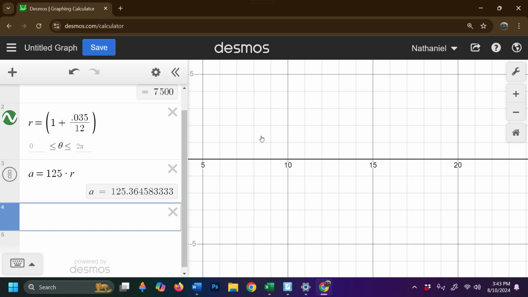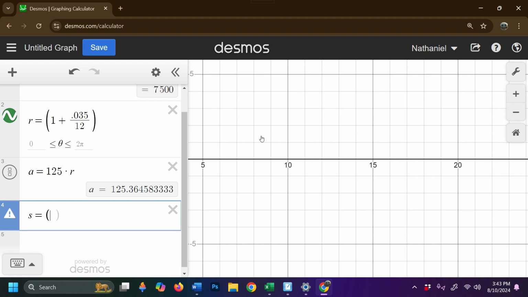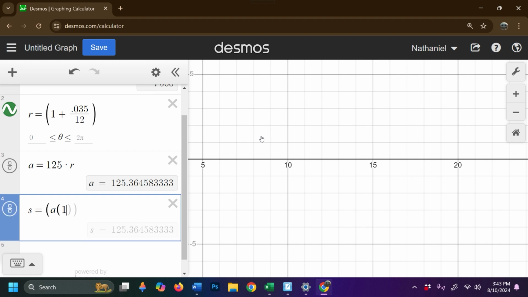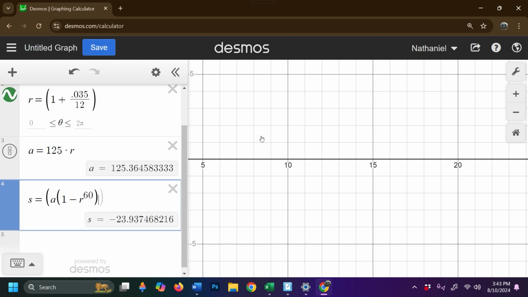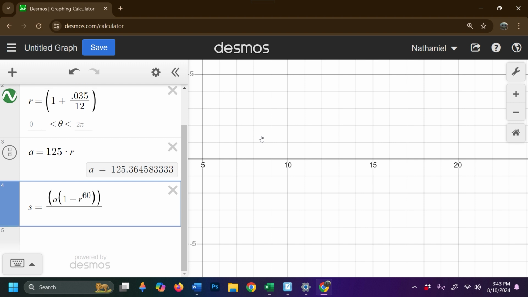I can say that the sum of the first 60 terms is going to be, with a parenthesis for the numerator, the first term A times 1 minus R raised to the 60th, divided by 1 minus R. And here we get how much they made at the end of that time.